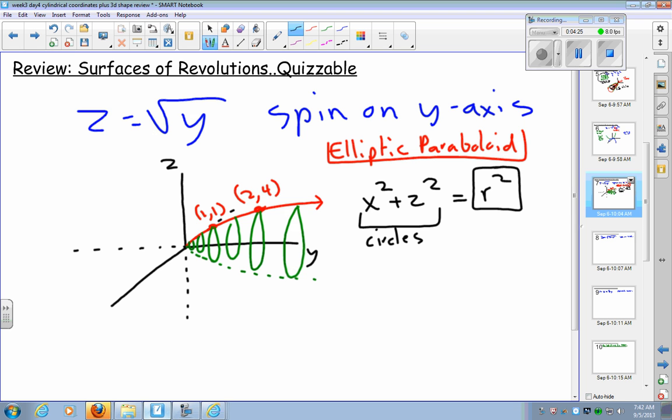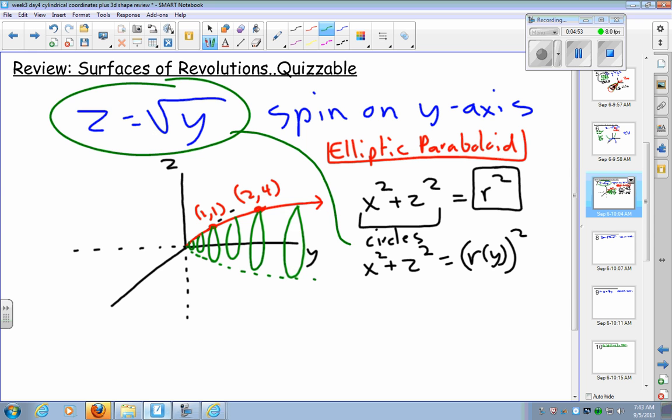Okay? And that r squared in this case, let me be a little bit more specific. x squared plus z squared equals r squared, but r is in terms of who? Which variable is it in terms of? It's in terms of y. So x squared plus z squared equals some radius function in terms of y. Well, do you already have that radius function? Yes.